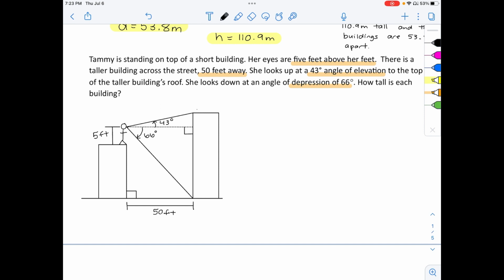I'm trying to find this, which I'm going to call X. I want the height of the shorter building. I want the height of the taller building, which I'm going to call Y. I'm just showing here that that's what I'm looking for, the height here. And X is this.